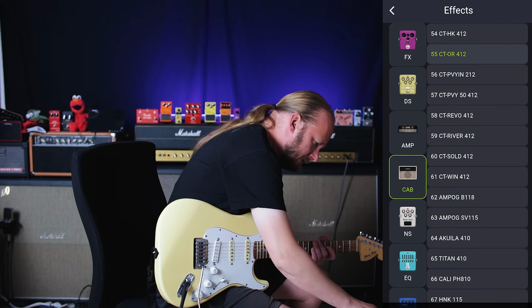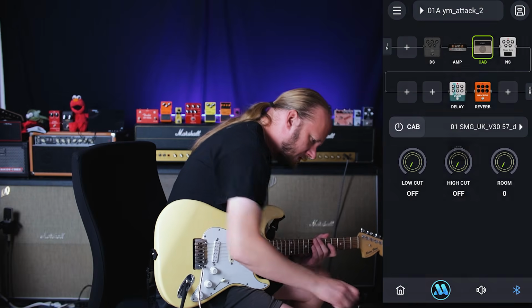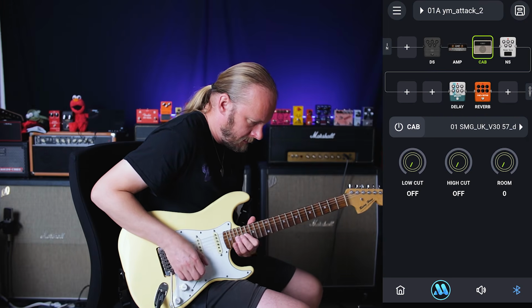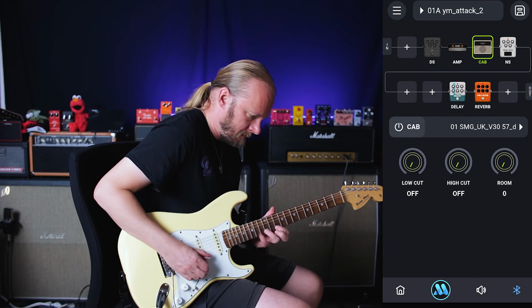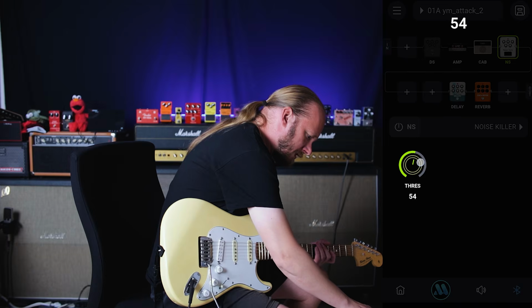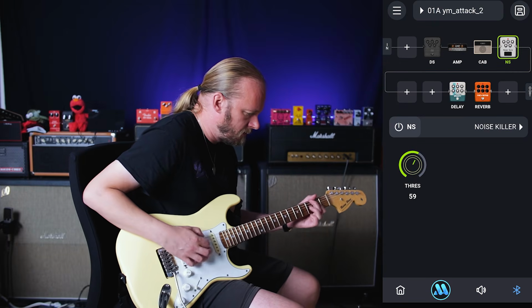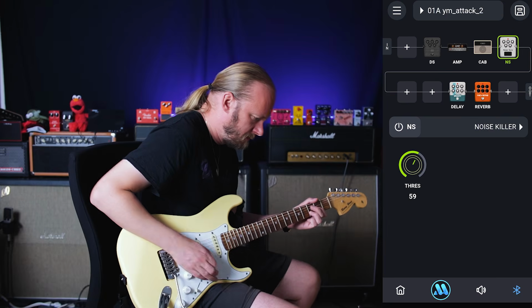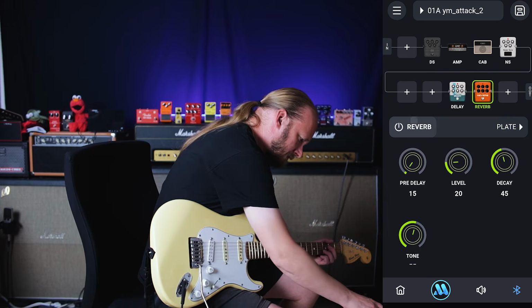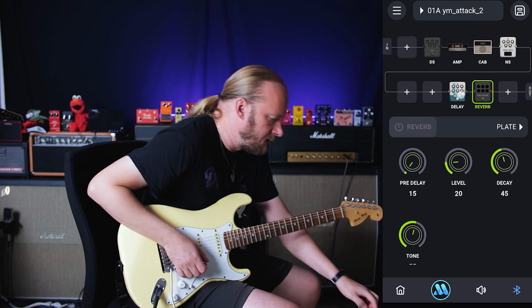Cab. Screw those things. IR. There's a noise gate that's after the amp and cab for some reason. Yngwie likes his reverb, I don't.